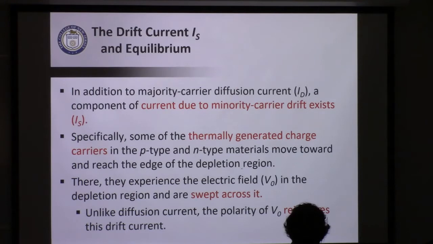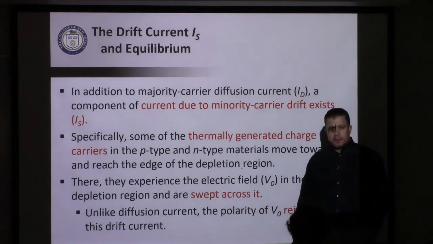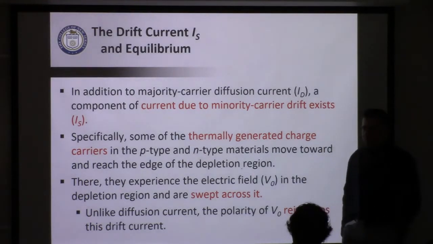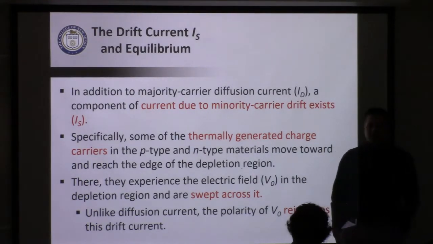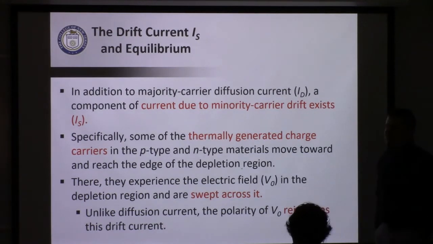So now let's talk a little bit more about the drift current IS and how it contributes to equilibrium. We've said very briefly that the drift current is associated with the flow of minority charge carriers, and it's affected by the built-in voltage, right? Hence why it's a drift current and not a diffusion current.